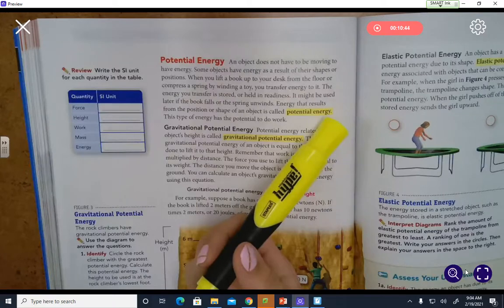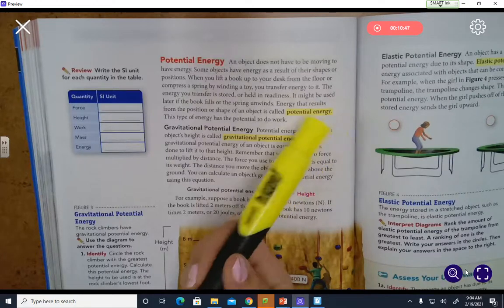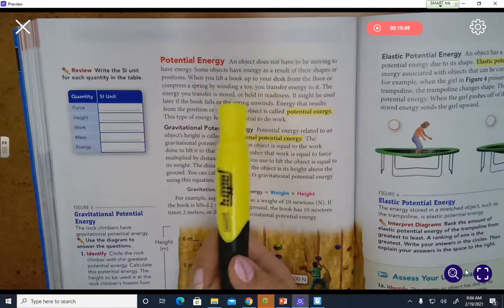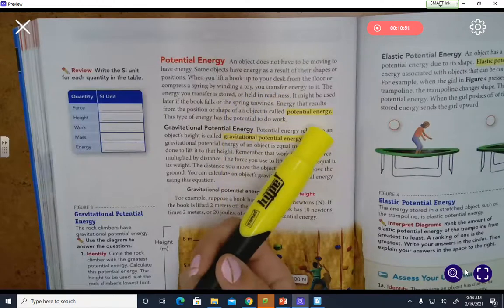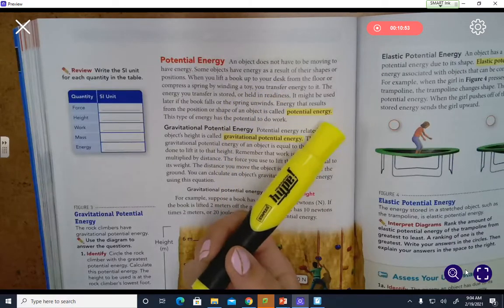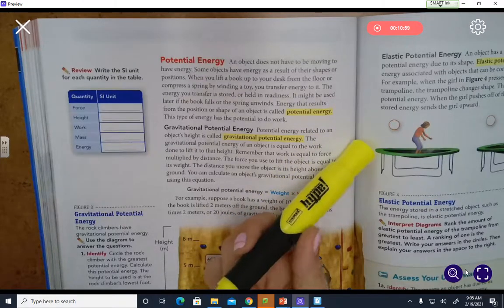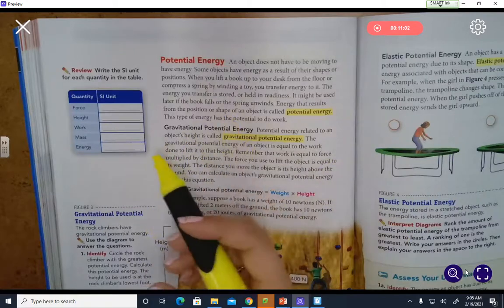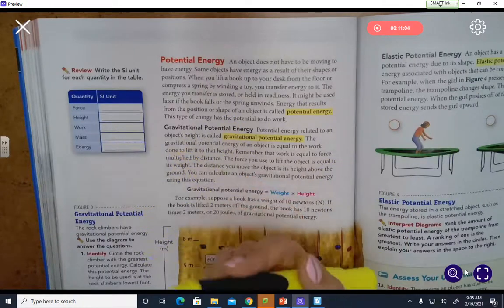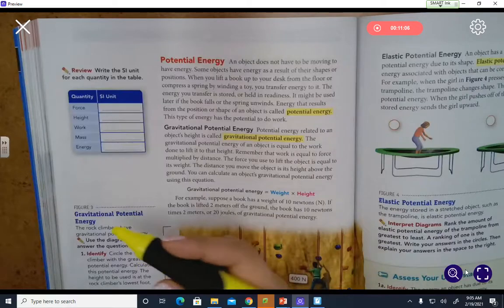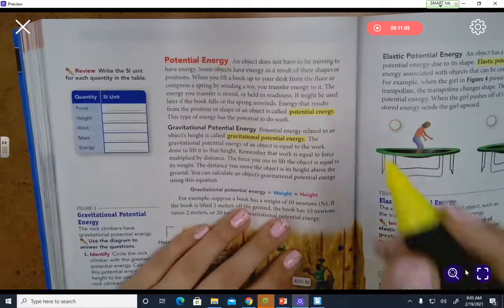When you lift a book up to your desk from the floor, or compress a spring by winding a toy, you transfer energy to it. The energy you transfer is stored or held in readiness. It might be used later if the book falls or the spring unwinds. Energy that results from position or shape is called potential energy.